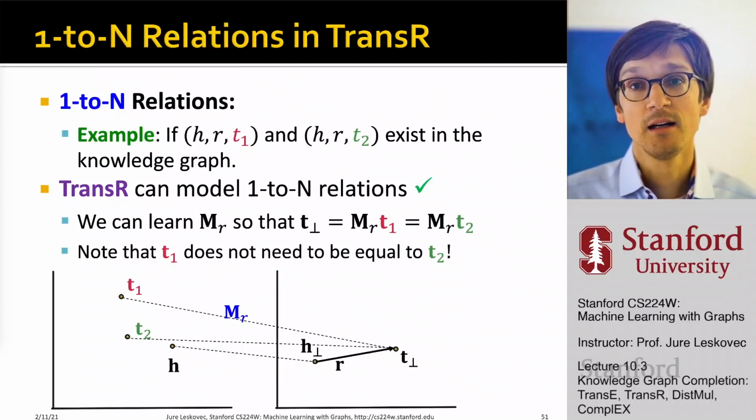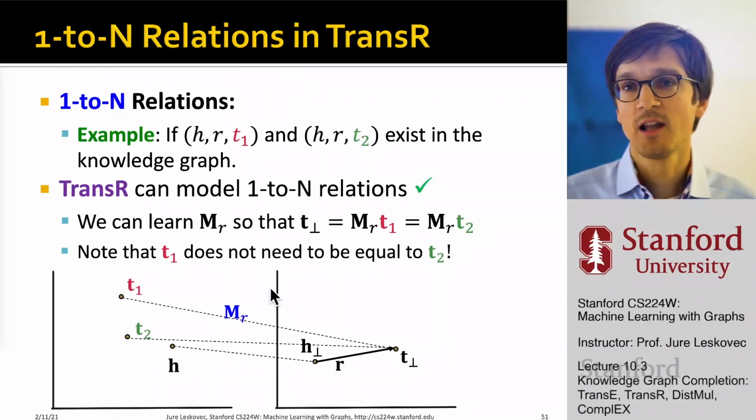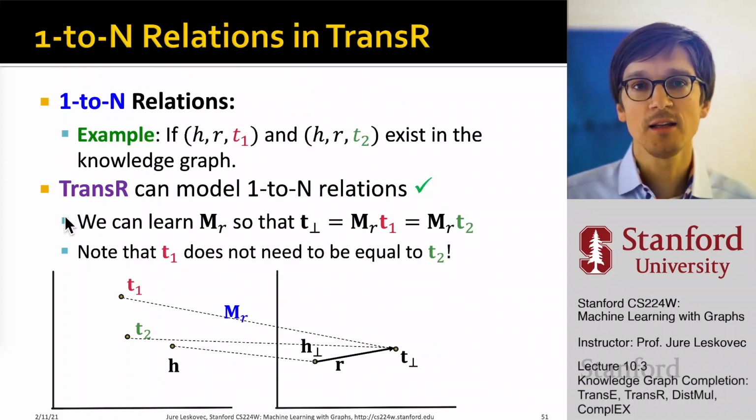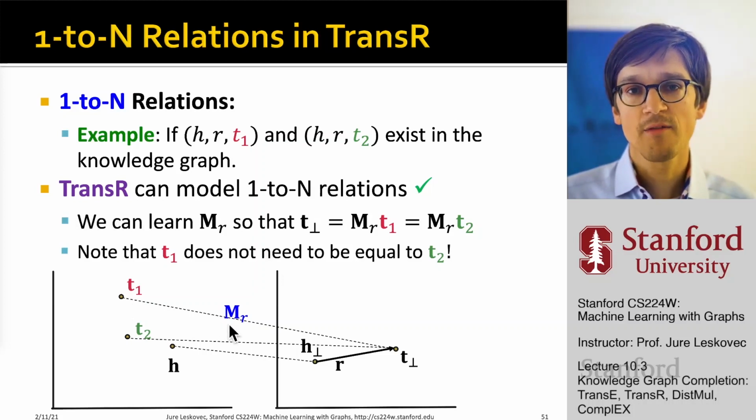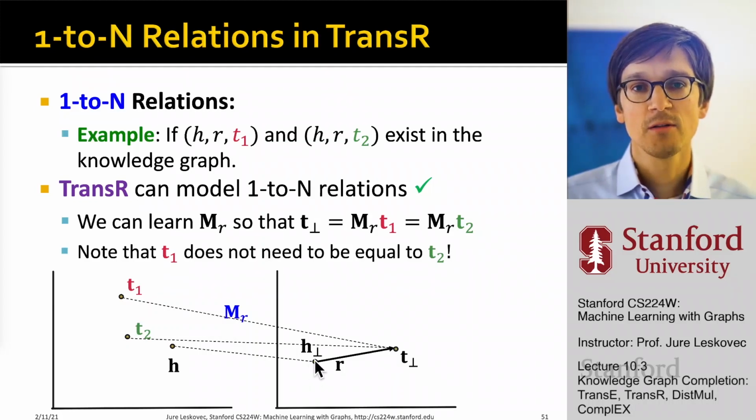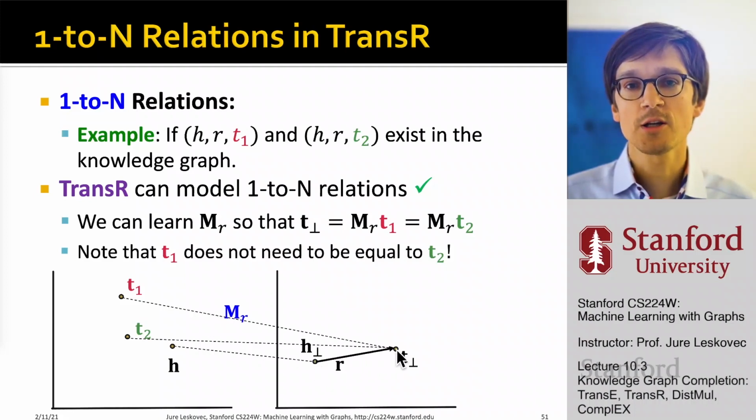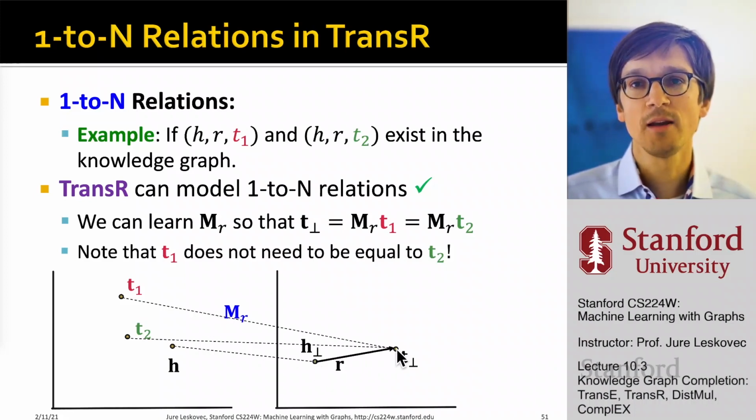Can this TransR also model one-to-n relations, like student of? Again, it turns out it can. TransR can model this because we have enough flexibility in the projection matrix that can learn how to take, let's say, T1 and T2 and map them into the same point, so that in this relation-specific space, I go from head according to the relation and arrive exactly at T1 and T2 that are embedded in the same position.